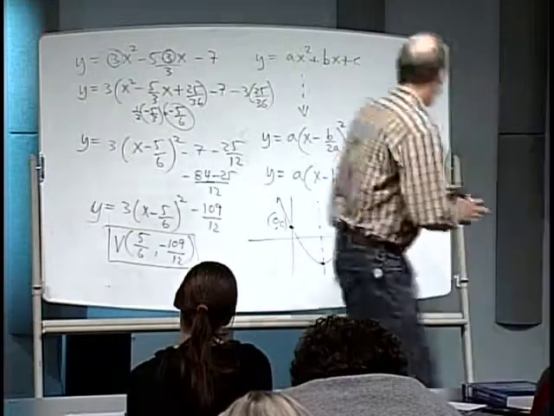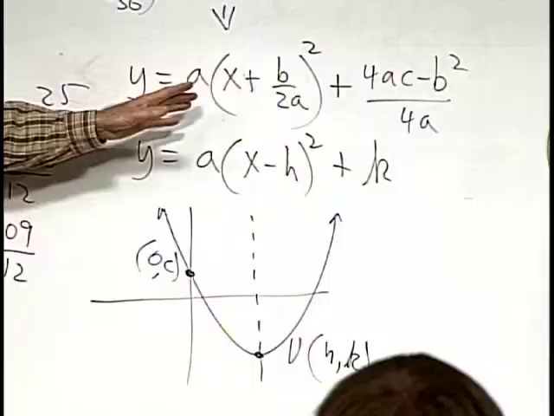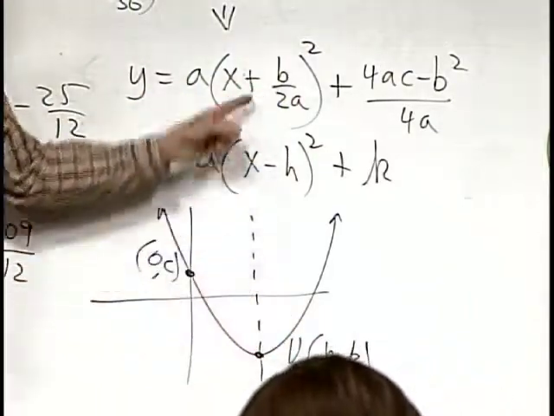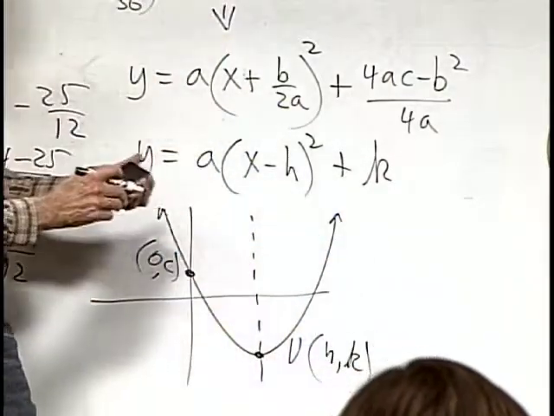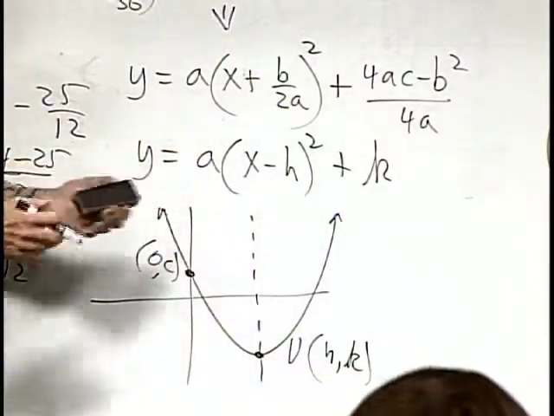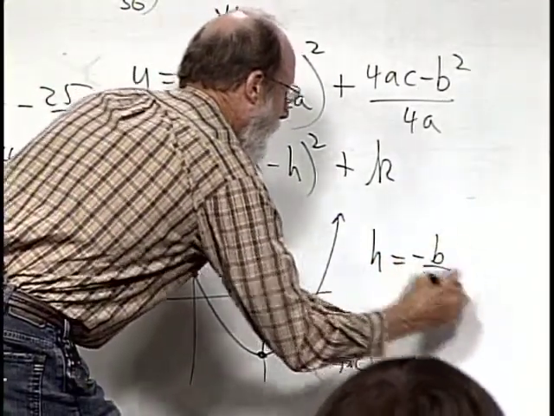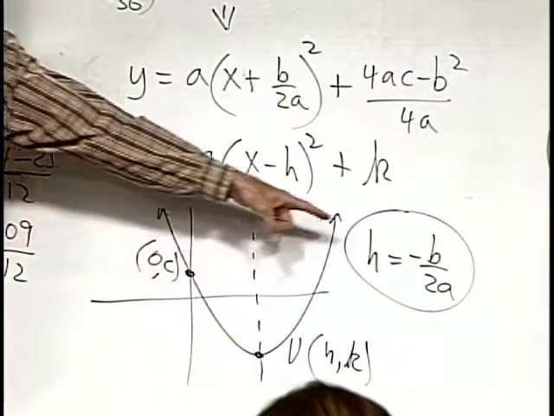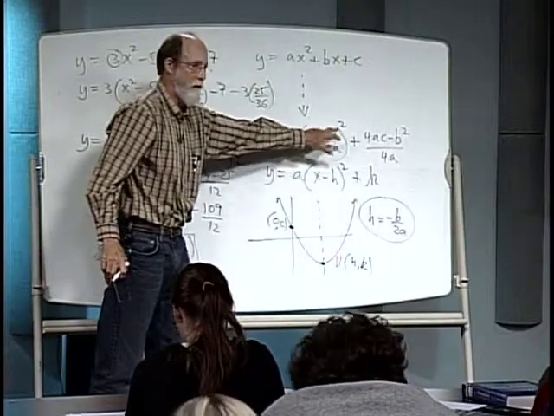Yep. So this x reading then is really minus b over 2a. No, H would equal minus b over 2a. H would equal minus b over 2a.